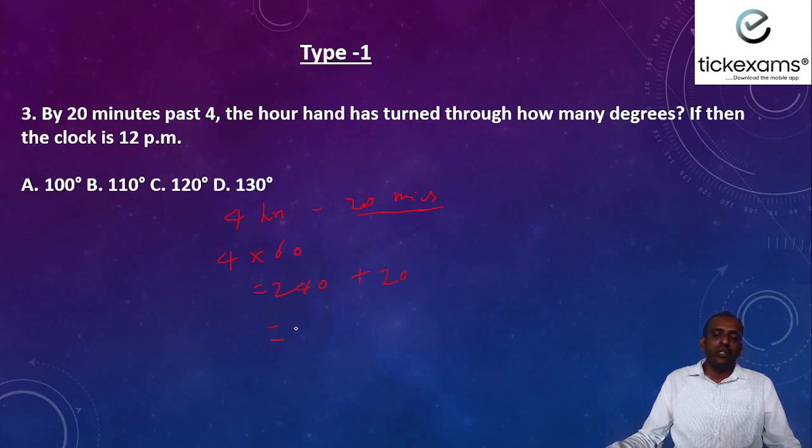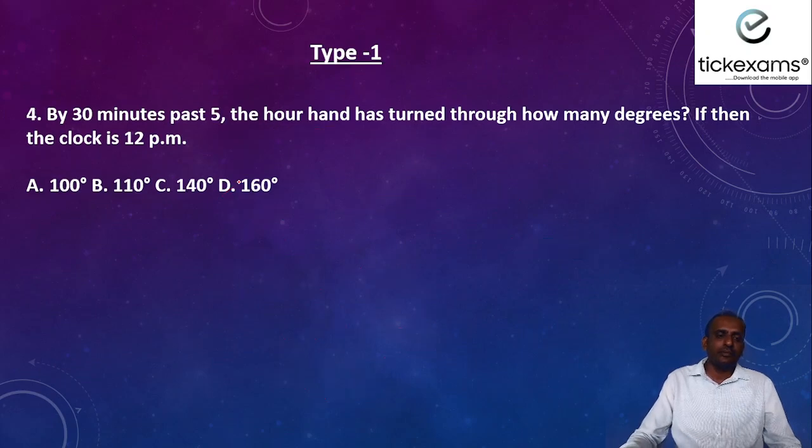So it will be 260 minutes. We have learned the basics already: 1 hour is equal to 30 degrees, and when it rotates for 1 minute, it is 0.5 degrees. So we multiply 260 with 0.5, which is nothing but half. So it is 130 degrees. Option D is the right answer.